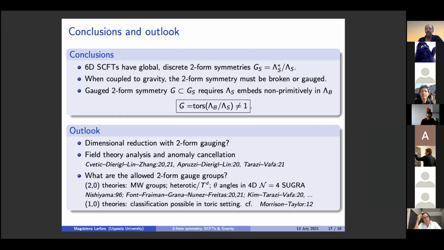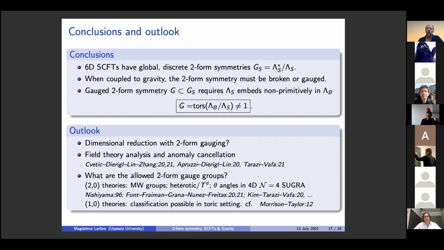Yes. So let me start with the second question, whether I can take one SCFT with a related charge lattice and embed it in different ways. That is certainly true. It's not a unique embedding. So one can think of different ways of coupling SCFT sectors to gravity.